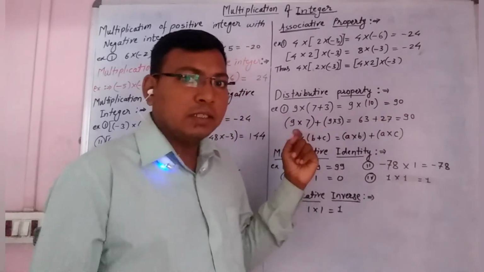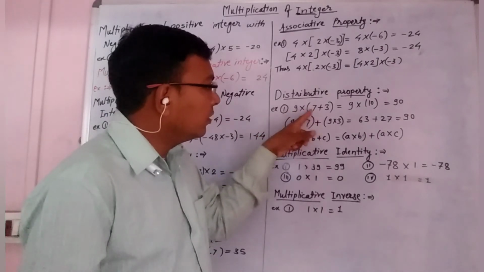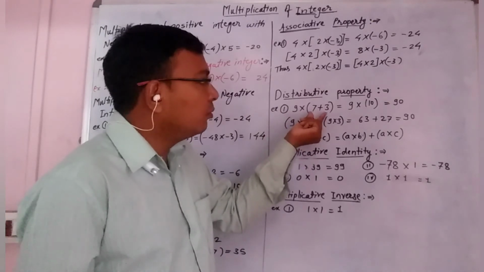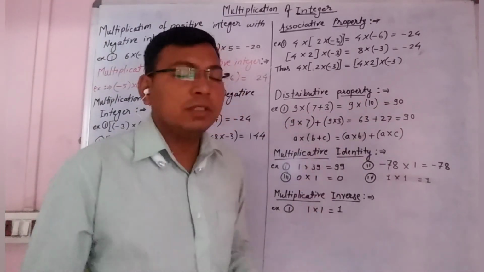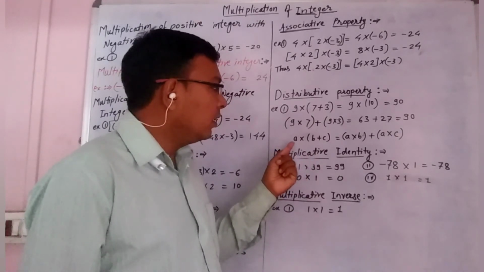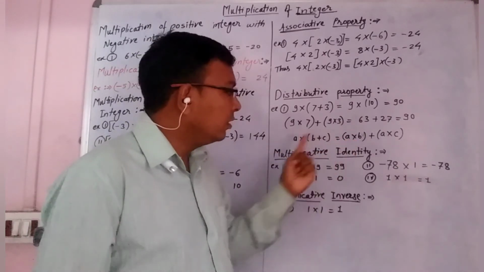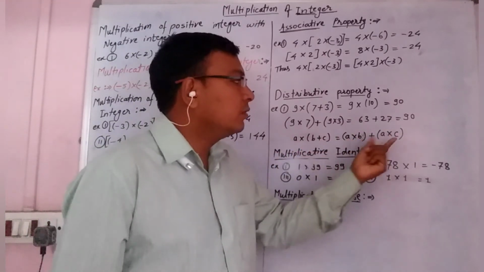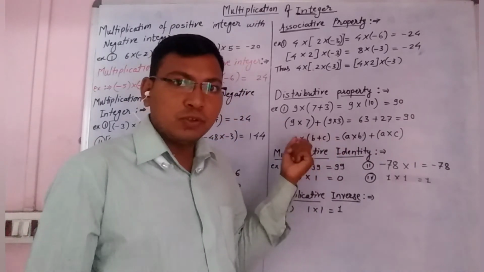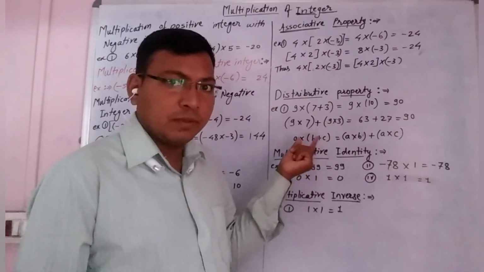We get the same answer in both conditions. Here we take the formula A into (B plus C). So A distributes to B, that is A into B, and A distributes to C, that is A into C. This is the formula of the distributive property: distribute the number over the bracket.